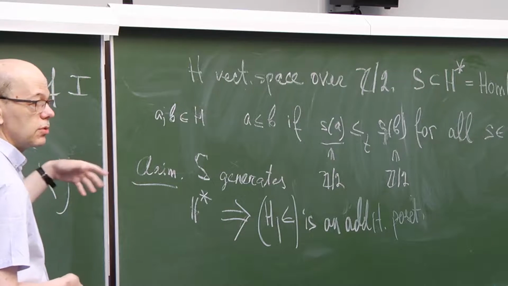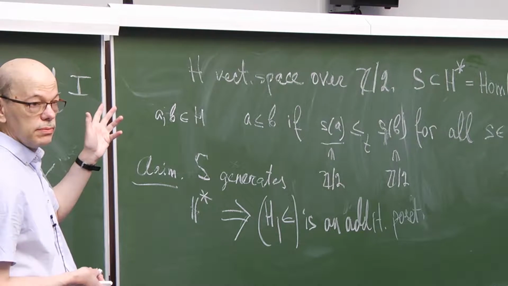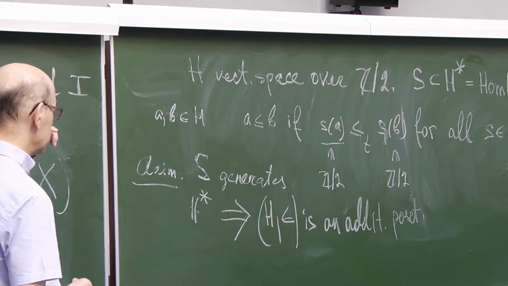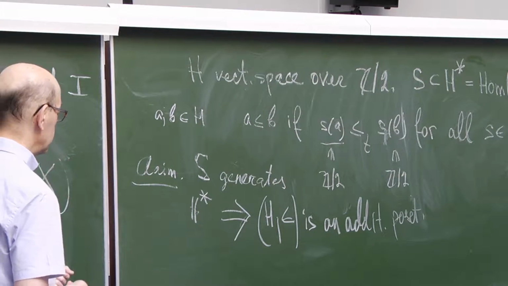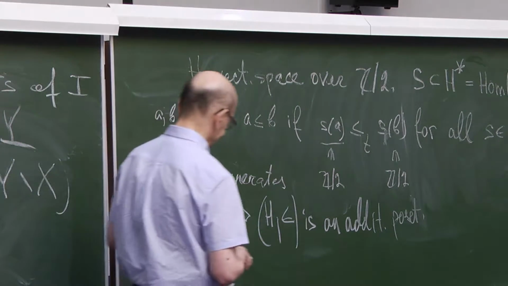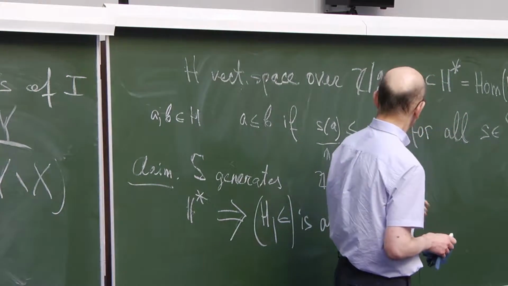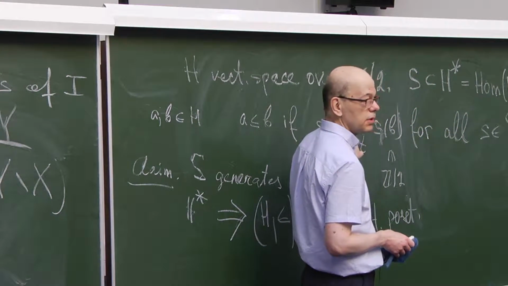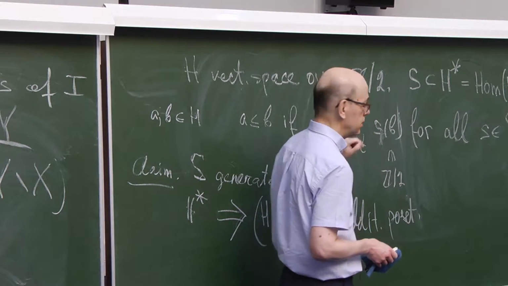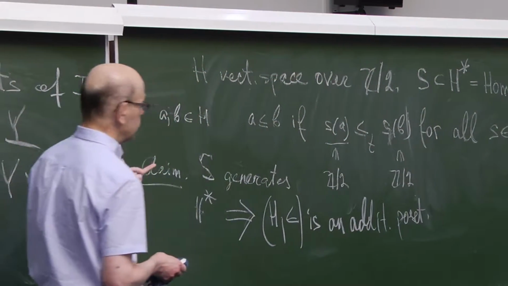So this construction shows that in some sense there are many of them. And of course, different sets S may give different additive posets. This is a trivial partial order in Z2, the one I defined at the beginning. T stands for trivial.